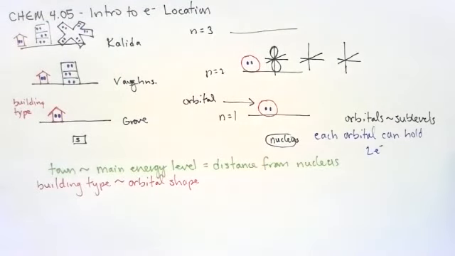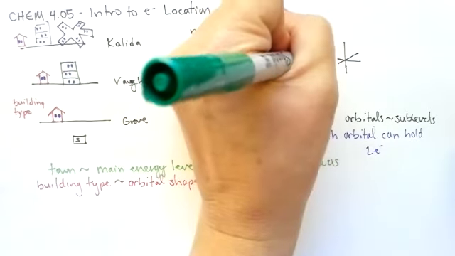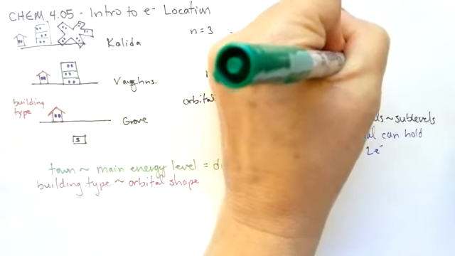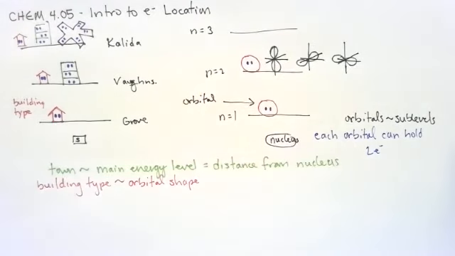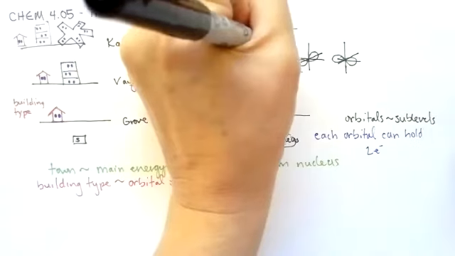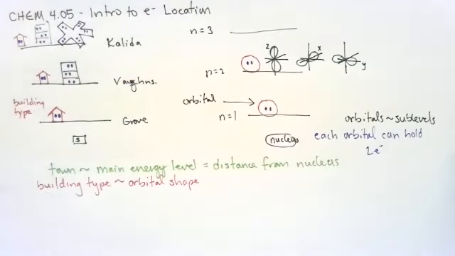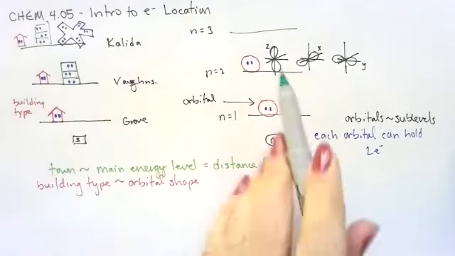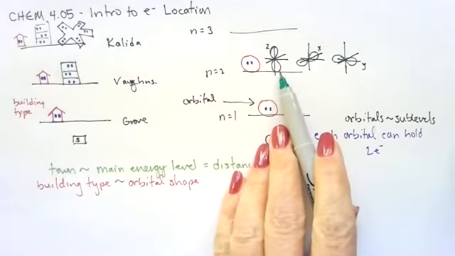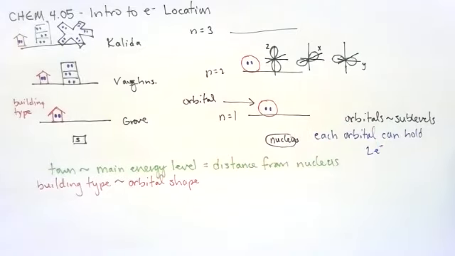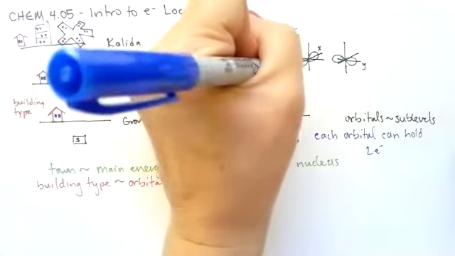It looks like a dumbbell. And I've got 3 of those, but they all turn in different directions. This is around the z-axis, this is around the x-axis, and this is around the y-axis. That's like my apartment building has 3 floors. The n equals 2 main energy level has 3 p orbitals, and each one of these can hold, guess what, 2 electrons.